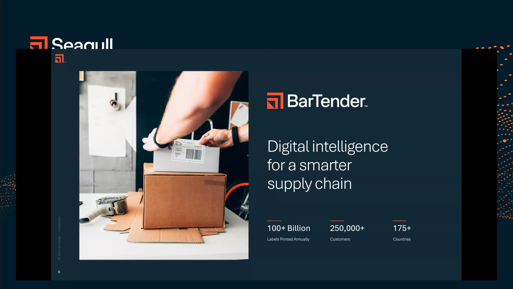A lot of the world's most dynamic supply chains rely on BarTender for our ready to use label design tools, our anywhere, anytime printing capabilities, and our industry leading flexible integrations and database connections, supporting over 250,000 customers across 175 countries. We're helping businesses of all sizes and industries support their labeling operations to get their products to market quickly.